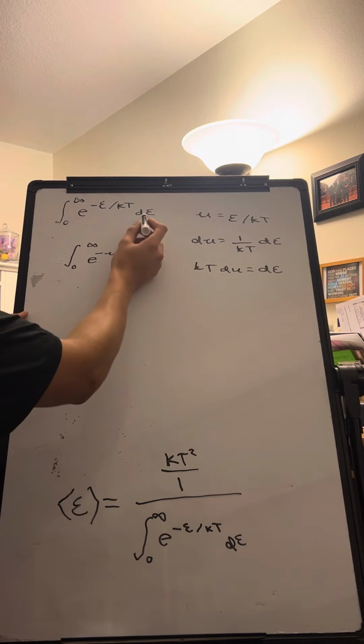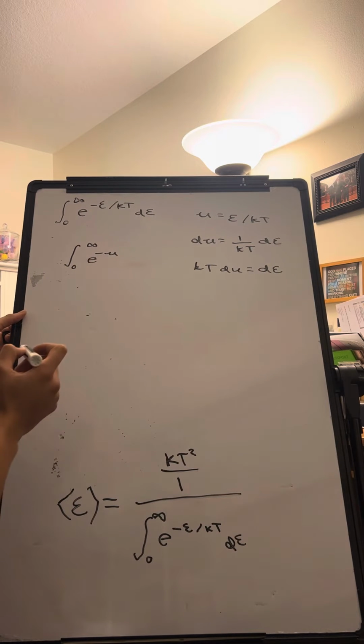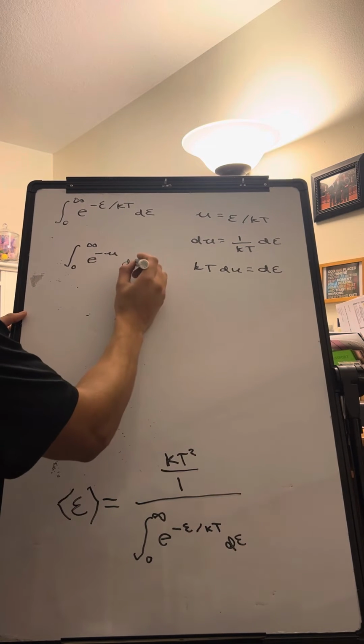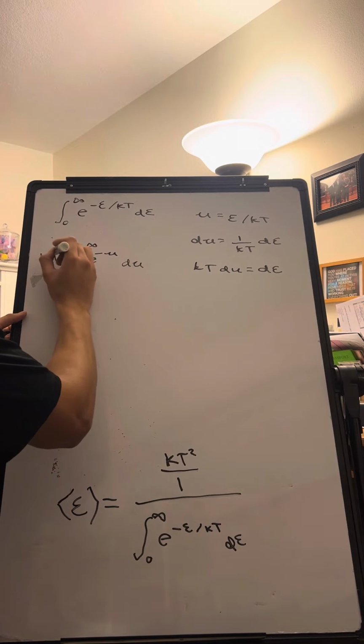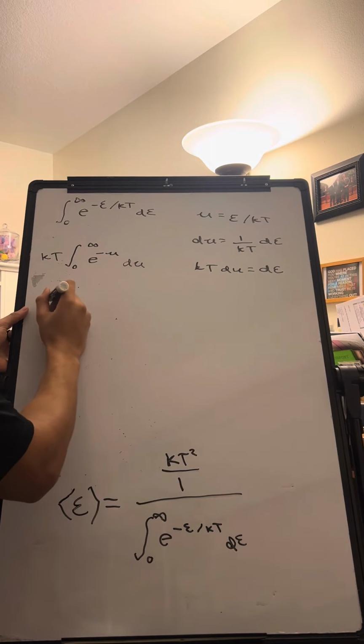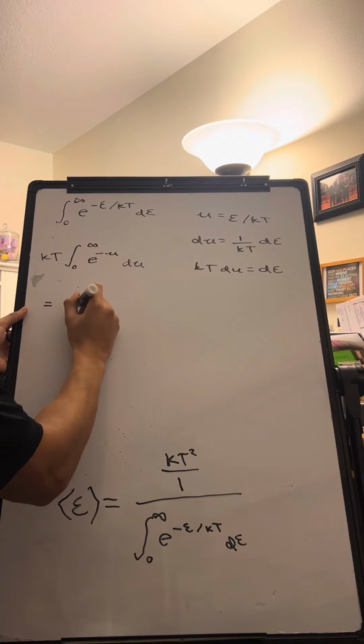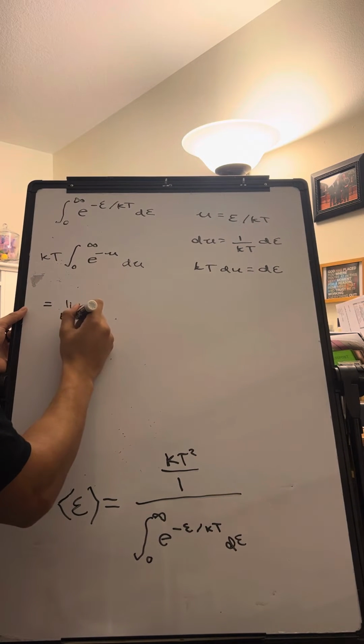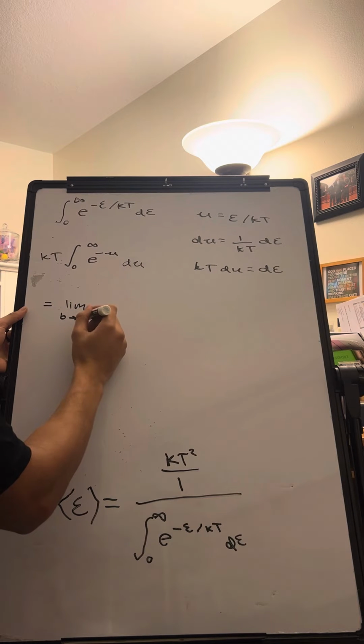So here we substitute d epsilon for kT du. Now, this is an improper integral, so we have to do the limit as b goes to infinity.